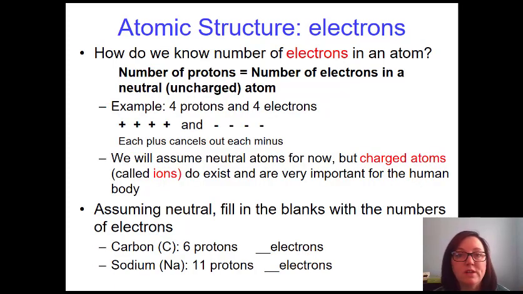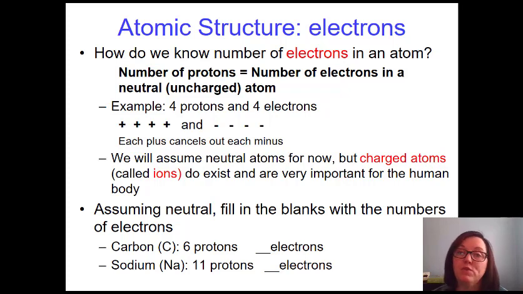Now let's take a look at electrons in a little bit more detail. We've kind of talked about determining the numbers of protons and neutrons in an atom, but we haven't looked at the numbers of electrons. So how do we know the numbers of electrons in an atom? Well, the number of protons is equal to the number of electrons if the atom is neutral, meaning uncharged. Why is that? Well, let's take a look at an example.